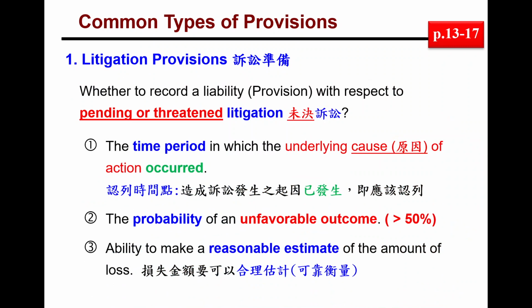Also, the probability should be higher than 50%. But remember, it is the probability of an unfavorable outcome, right? Because we talk about provision, liability, your responsibility. Of course, that's the unfavorable outcome for you. It's not favorable, okay? So remember, we talk about unfavorable, 不利的.